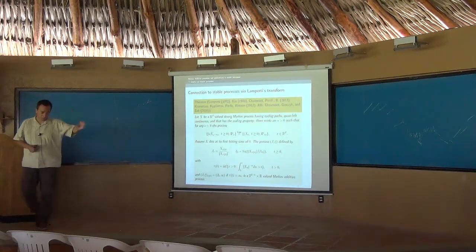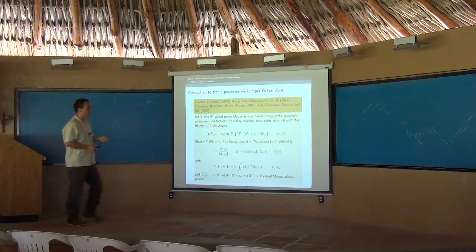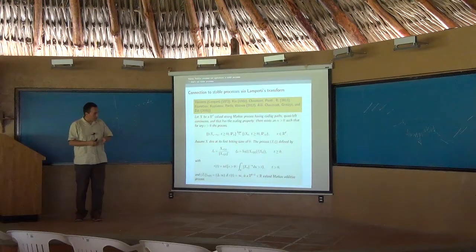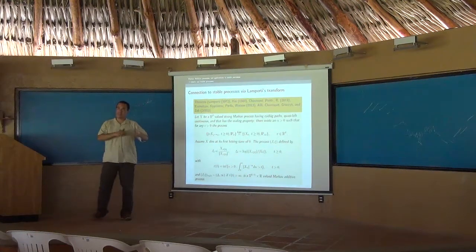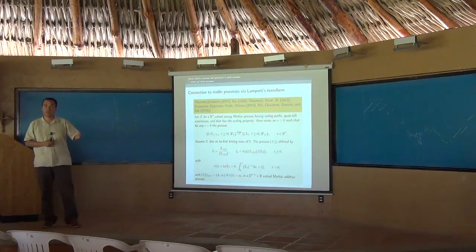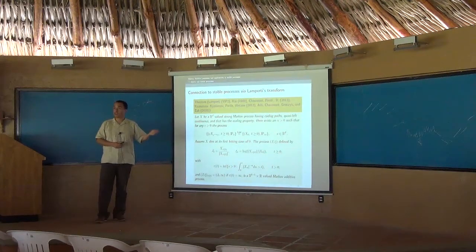So we have a stable process, we can transform it into a Markov additive process, and this is helpful because for Markov additive processes we have many tools, as we do for Levy processes. Or at least the techniques we know for Levy processes can be generalized to Markov additive processes, and this opens a new gate to obtain new results about stable processes.